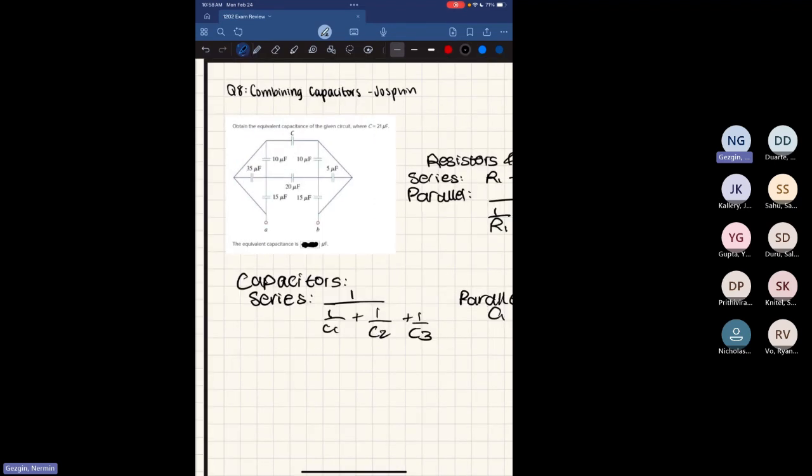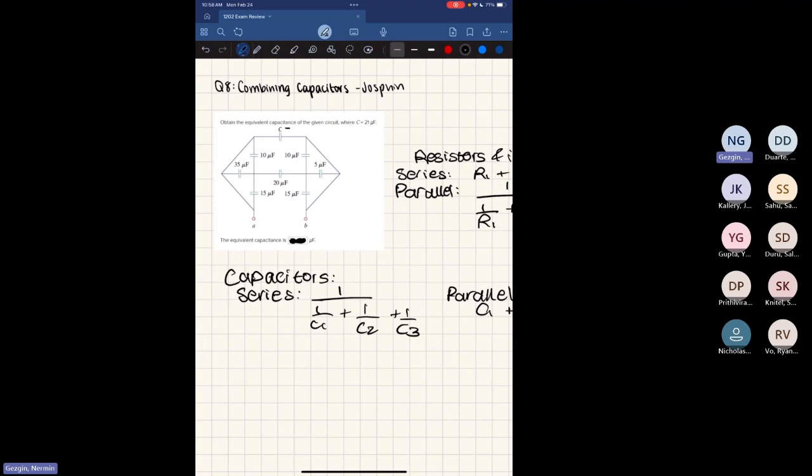So onto the problem. We know that this one is 21 microfarads, and they're just asking us to find the equivalent capacitance. When you're looking for parallel, in general we look for more than one way to connect them.